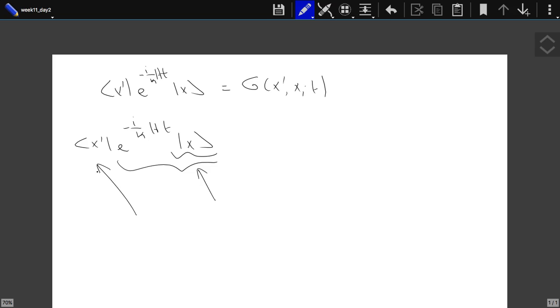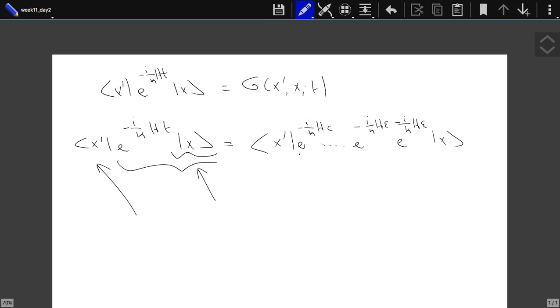And rather than looking at this time evolution by a duration of t as a whole, we can just divide it into small parts. Let's start with x, then we evolve it by epsilon, another epsilon, another epsilon, and then eventually we have x'.